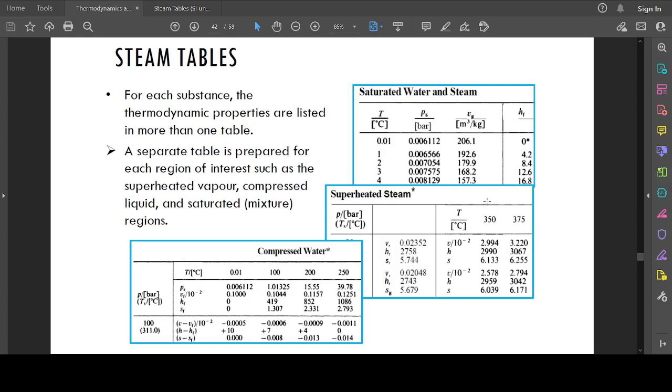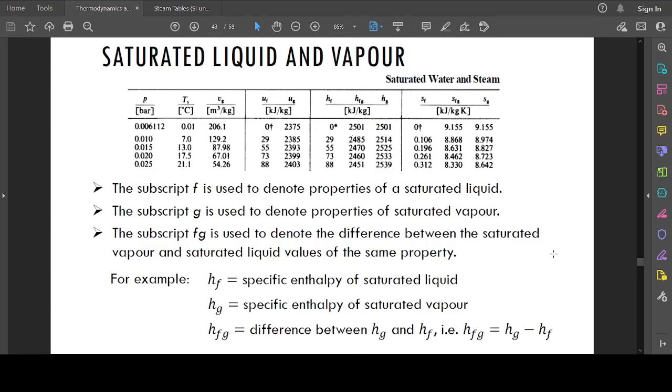So other sections of the steam table give us more information about the compressed liquid, the saturated liquid and vapor phase, and also the superheated vapor. I know some of you have already started using the steam table, so you must have come across these tables and used them for your calculations.